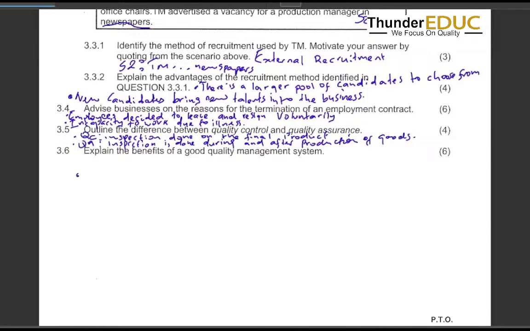Okay, right? So we're saying that time and resources are used efficiently.